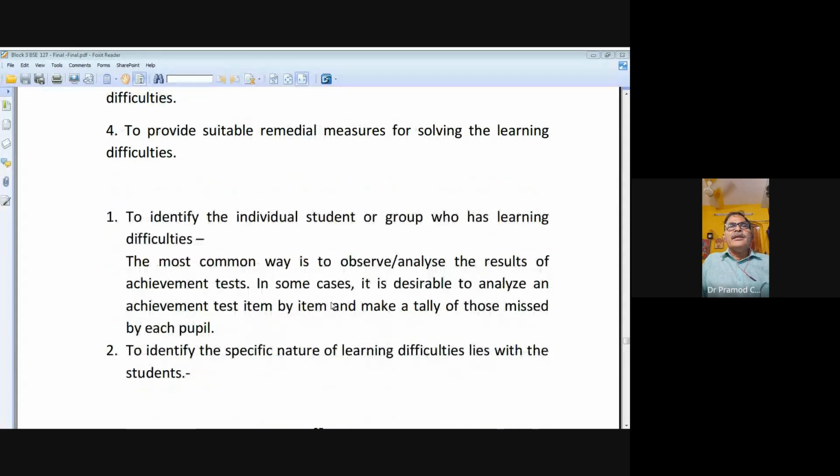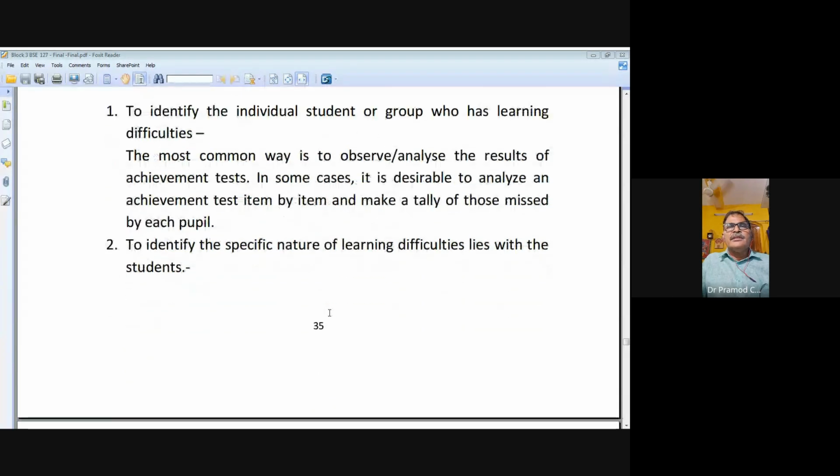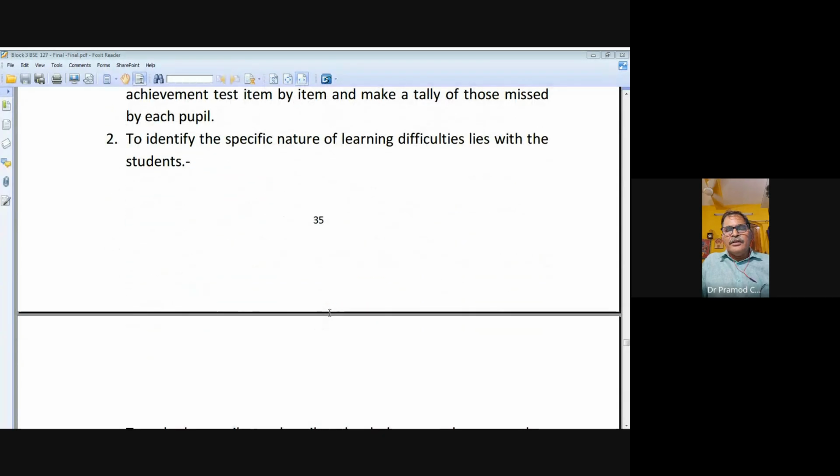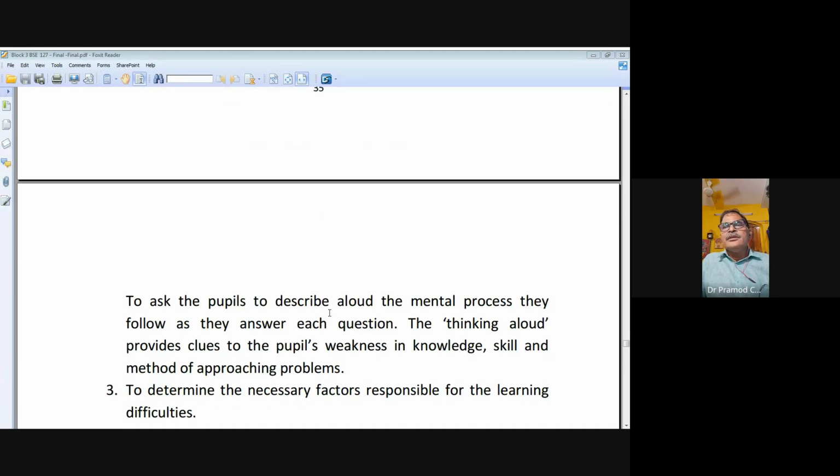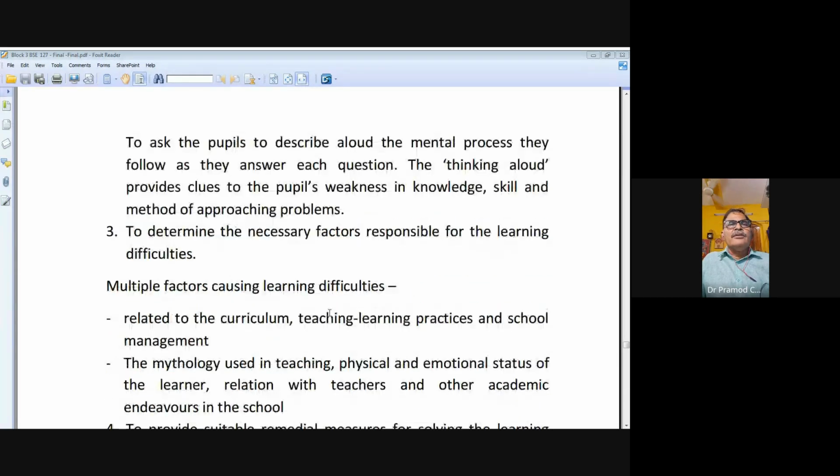Then automatically we will identify the individual student or group in the learning situations. To some extent we must get the desirable behavior from the students. So we must judge the specific nature of the learning difficulties. According to the nature, we will ask the questions and make a mental preparation. Then we must do accordingly.